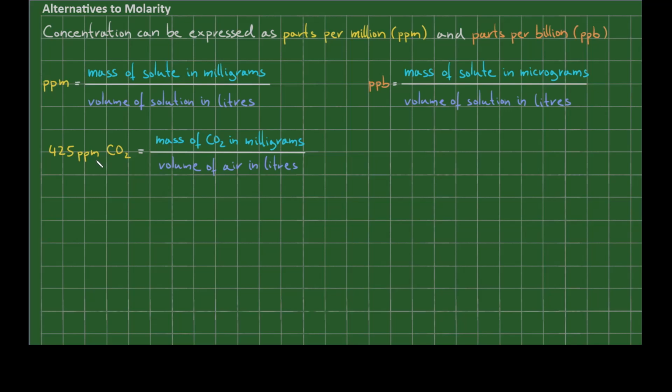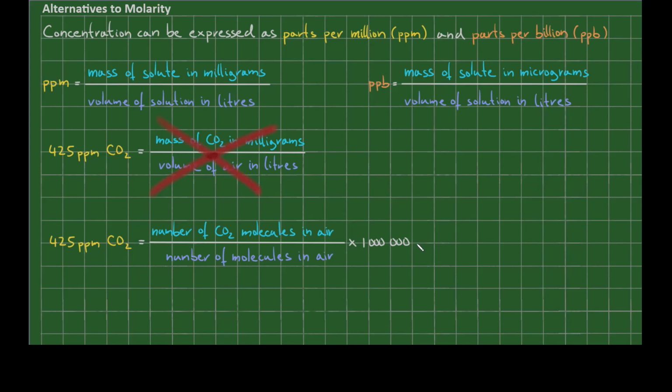So this is incorrect. When we talk about atmospheric composition, we are actually talking about the number of molecules present. The 425 parts per million of carbon dioxide are calculated by using the number of carbon dioxide molecules in air, dividing it by the total number of molecules in air, and multiplying the whole thing by 1,000,000.